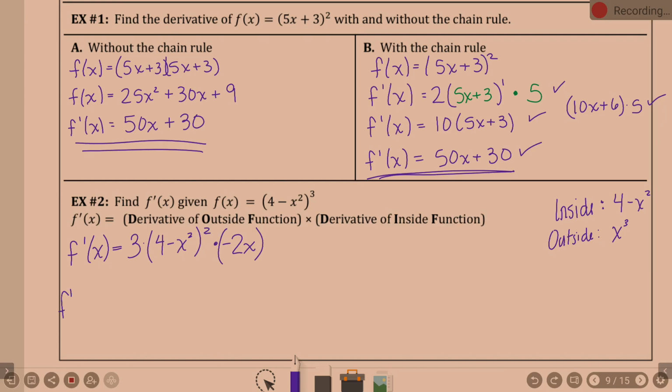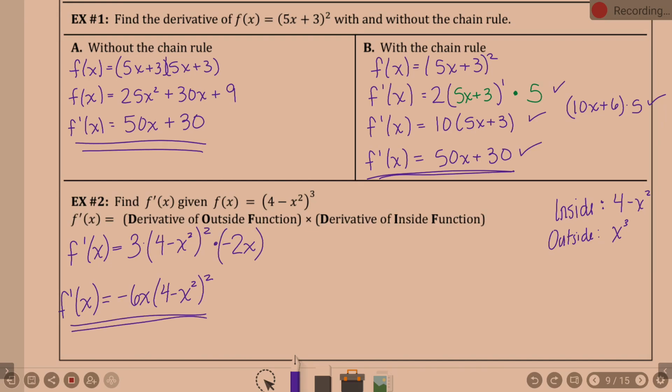I'm not going to multiply it all out. But we have this 3 multiplied out front, and I have this negative 2x multiplied out back. I would clean those up and put them together. 3 times negative 2x is negative 6x, and then times 4 minus x squared quantity squared.